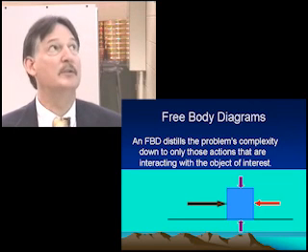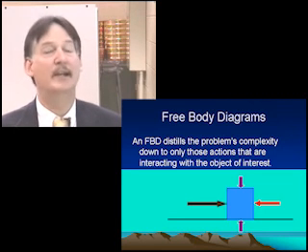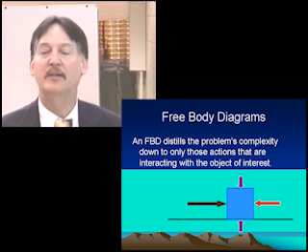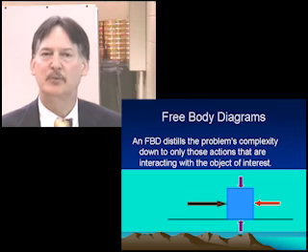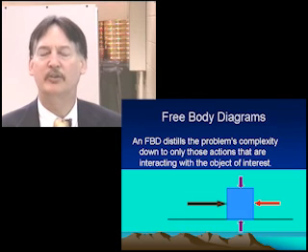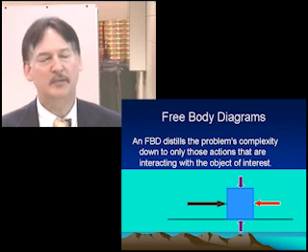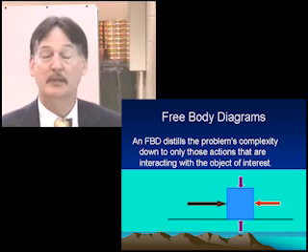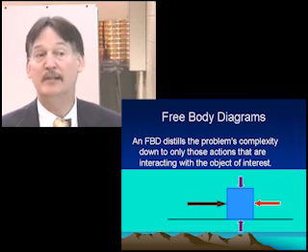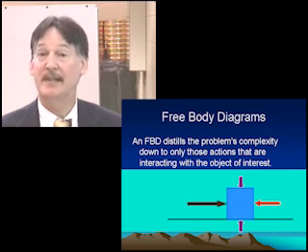So we want to remove the complexity and only focus on what are the forces, apply them to the object, and then ask the question, well, is there anything left over between the black vector pushing to the right and the red vector pushing to the left? It kind of looks like there's a little more right than left, and therefore there's going to be a net force on this object to the right.